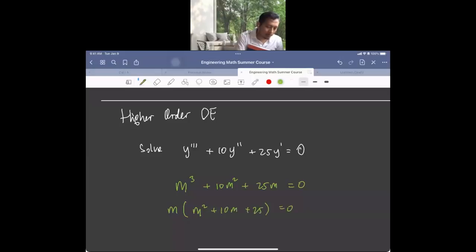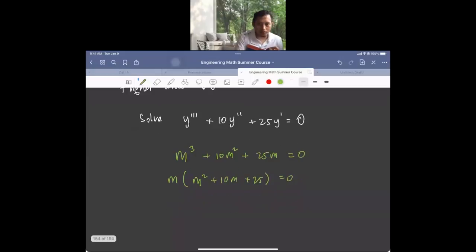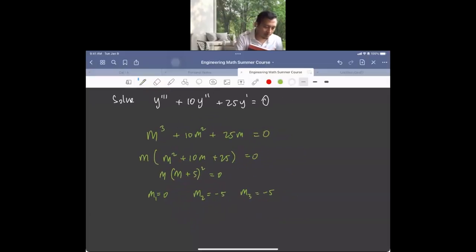So m, and then this m will be plus 5, right? So m1 equals 0, m2 is negative 5, and m3 also negative 5.